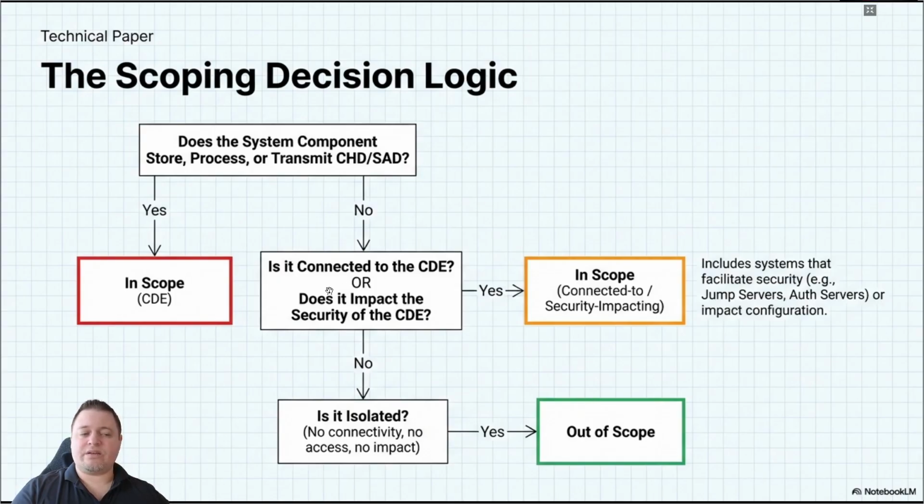If it doesn't do any of those, the next question would be, is it isolated? Meaning no connectivity, no access, no impact whatsoever to the CDE, to the cardholder data. If it has nothing to do with it whatsoever, it's out of scope, you don't have to worry about it.